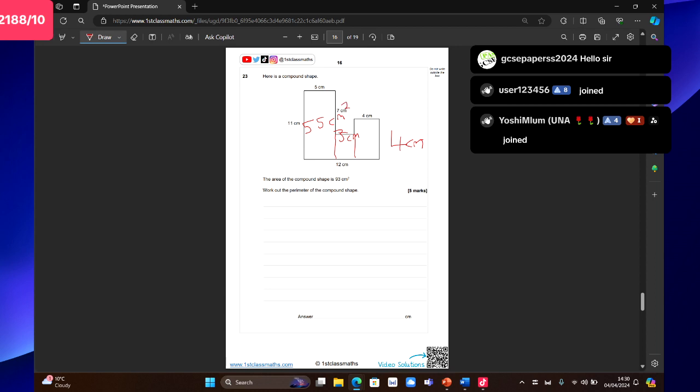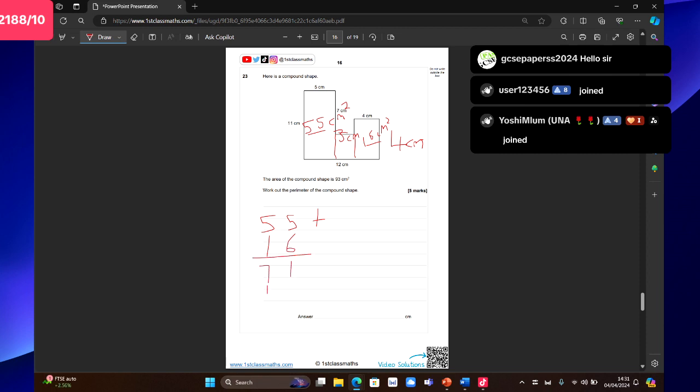The area of this one is actually a square, so it's 4 by 4, which would be 16 centimeters. But we want to work out this length here, and this length here as well. So 55 plus 16. What's that going to give me? Using my column addition method, that's going to equal 71, if I'm not mistaken.